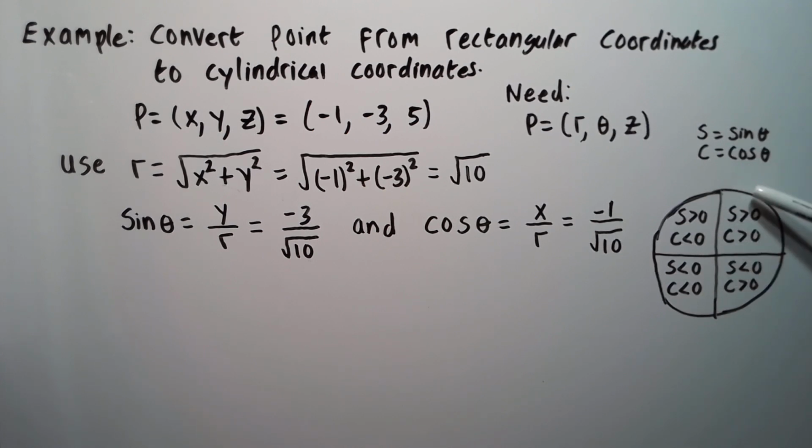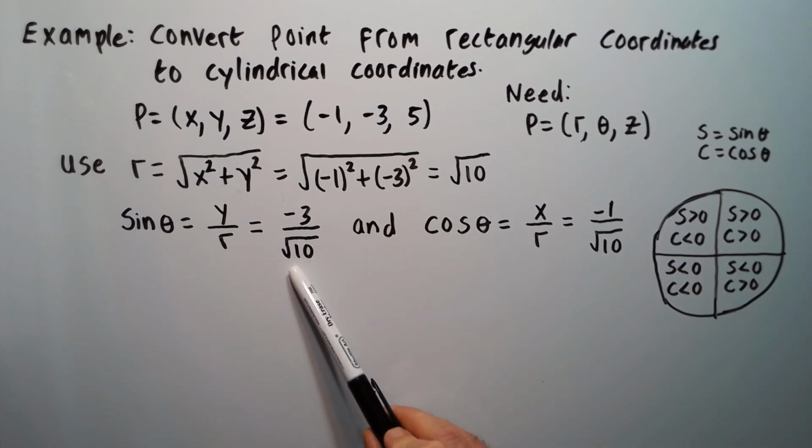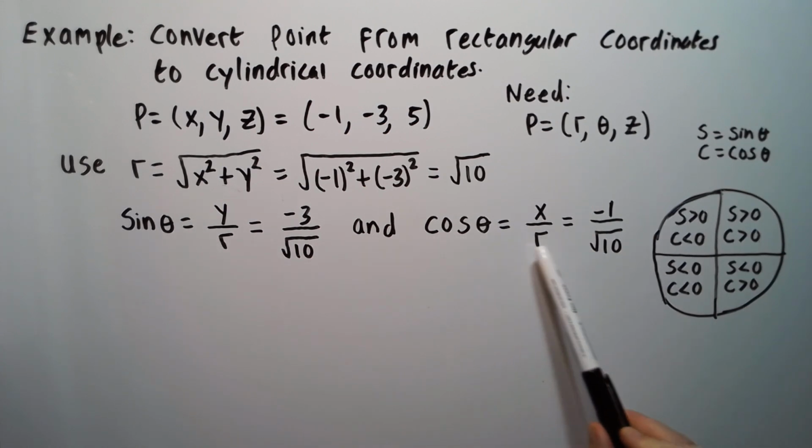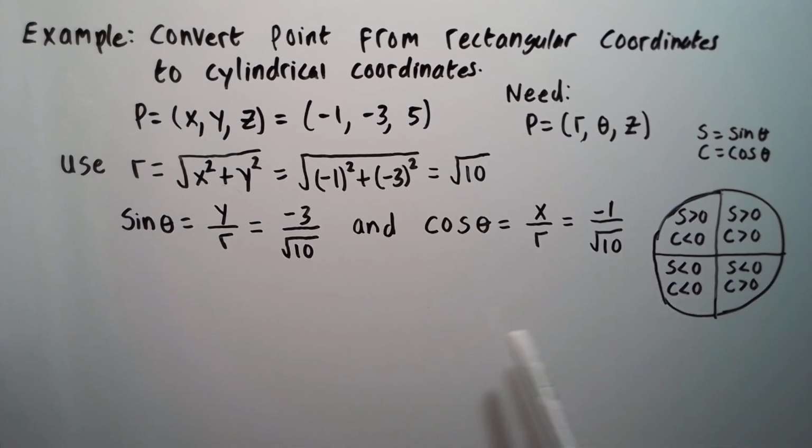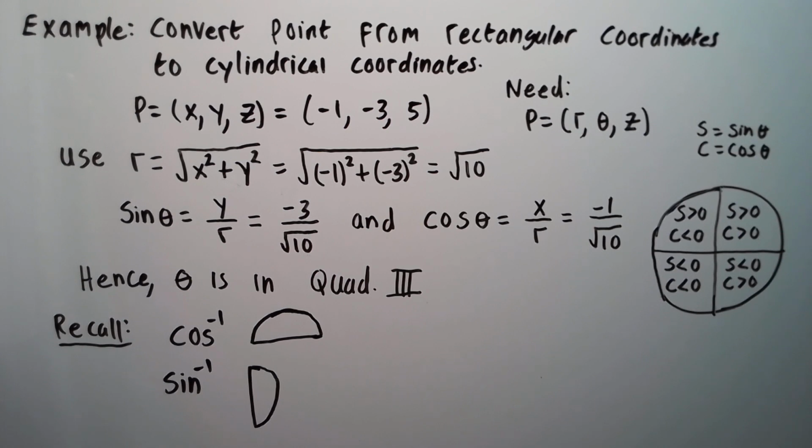In the first quadrant the sine and cosine are positive. Second quadrant, the sine's positive, cosine's negative. Third quadrant, the sine's negative and the cosine's negative. In the fourth quadrant, the sine's negative and cosine's positive. So over here we have that sine's negative and cosine's negative. That means this theta angle must be in the third quadrant. Hence we can say theta is in quadrant 3.